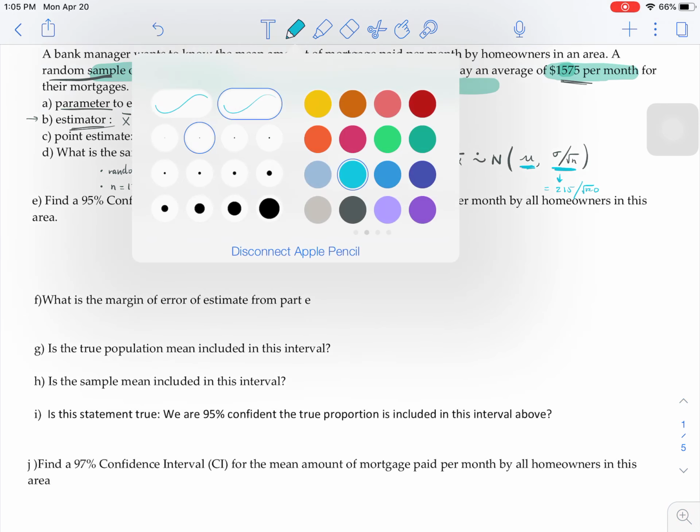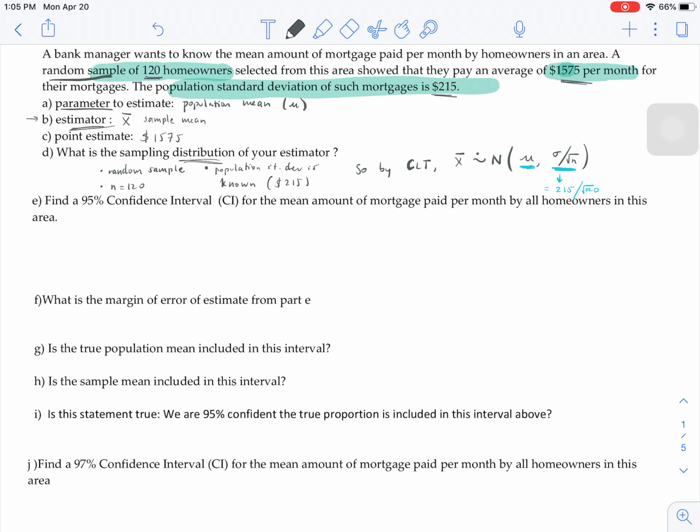So first, what is a confidence interval? All it is, it takes our sample mean, and this is our point estimate. What we do to make the 95% confidence interval is we add or subtract a margin of error to it. So we say that our confidence interval is 1575 plus or minus a certain amount, and that certain amount is our margin of error.